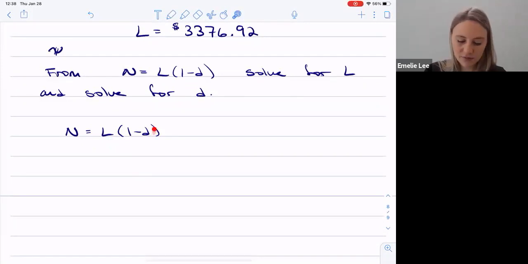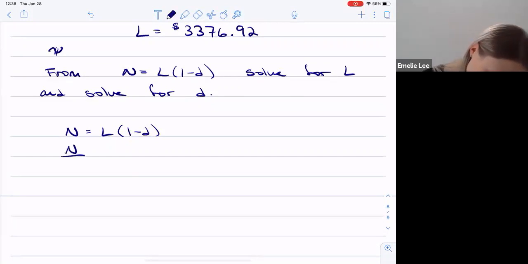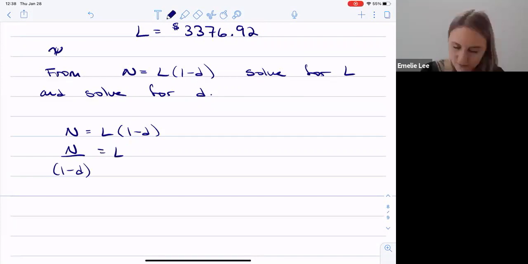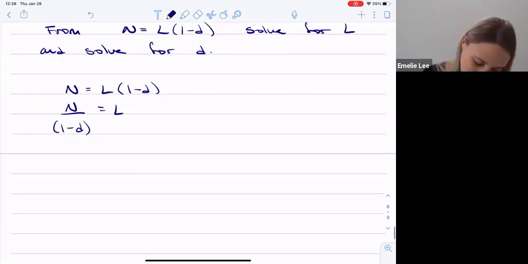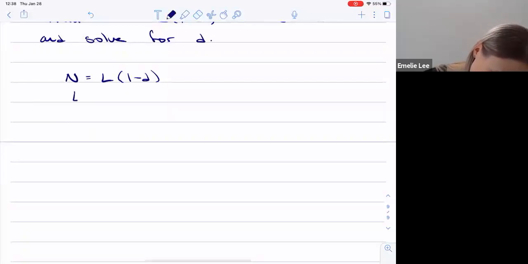So then I have to divide both sides by 1 minus D. So then I get N over 1 minus D is equal to L. Or if I switcheroo them like I did earlier, I can write it out the other way. L is N over 1 minus D.